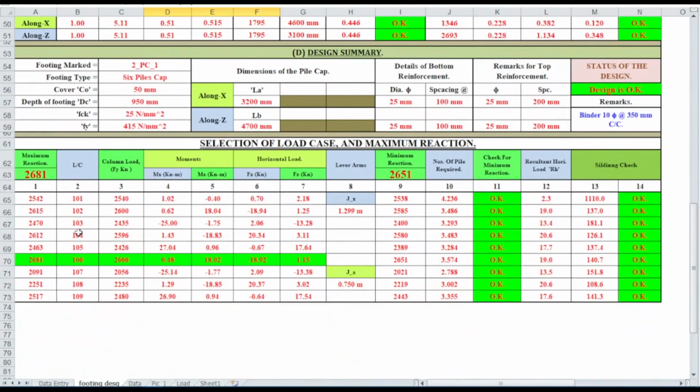And here I have load, and this is pile load. Now, approximate number of piles required, check for maximum reaction, resultant horizontal load, sliding check, etc.